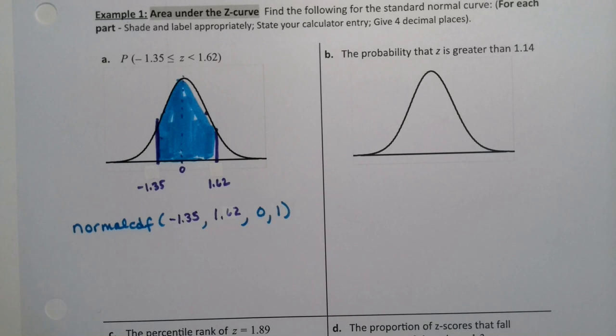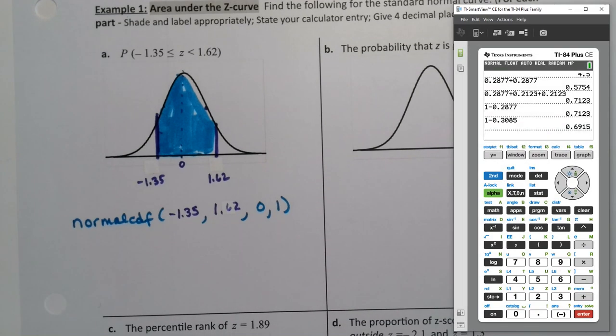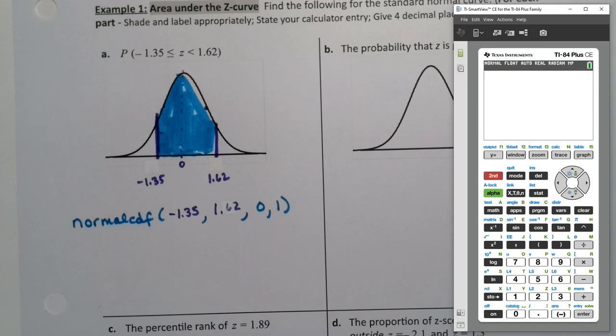So we just type that into a calculator. Simple as that. Let me grab a calculator, clear all this out. So second distribution. It's in the distribution menu because this is a probability distribution. And if you see, number 2 says normal CDF. So we grab normal CDF. Lower. We just said the lower was negative 1.35. Oh, and you have to make sure you type the negative sign, which is down here with that little parentheses in it.